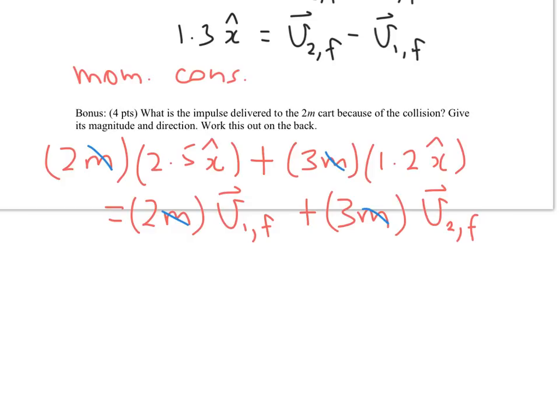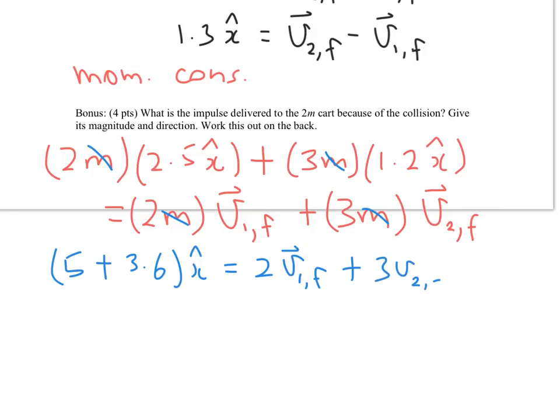What I'm going to do is multiply the left hand side. 2 times 2.5 is 5. 3 times 1.2 is 3.6. This must be equal to 2 v1 final plus 3 v2 final. So what I can do is divide both sides by 2.